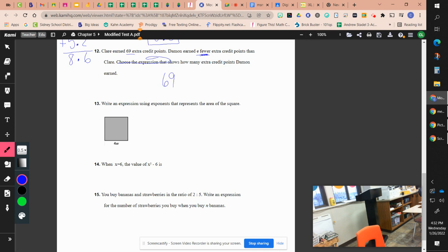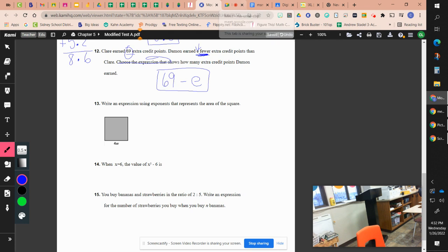Does everybody agree with that? I agree with that. So we take her extra credit points. She earned more than he did. Damien earned fewer. So we take this variable and we stick it behind the 69 and do some subtracting.